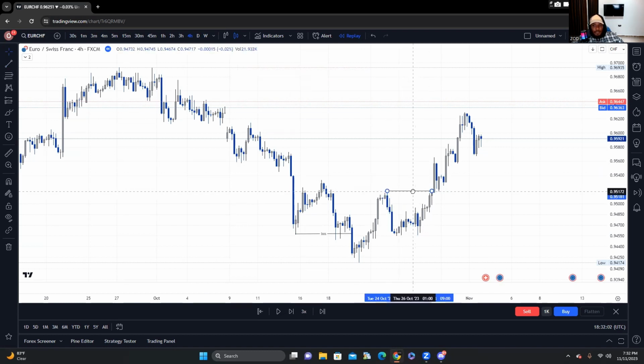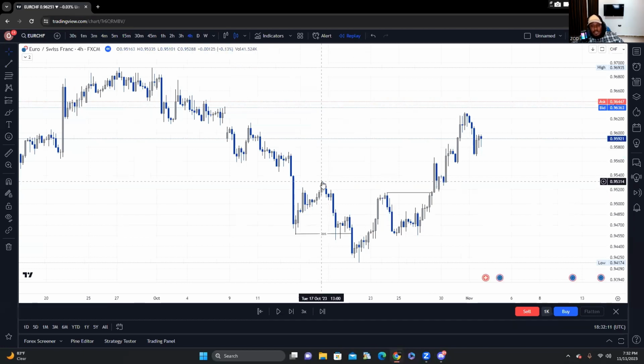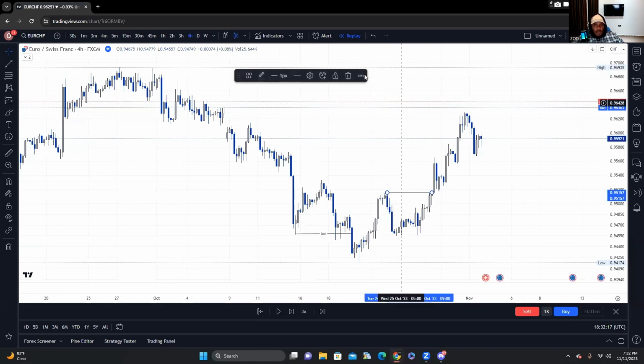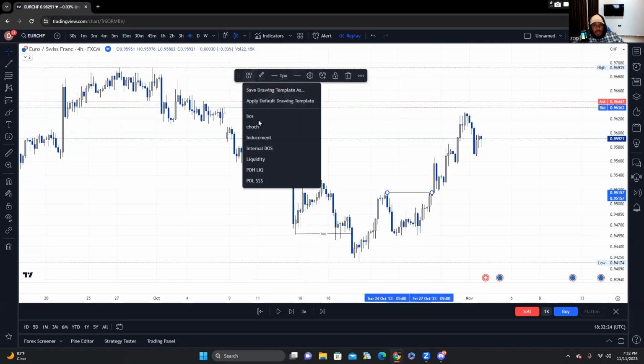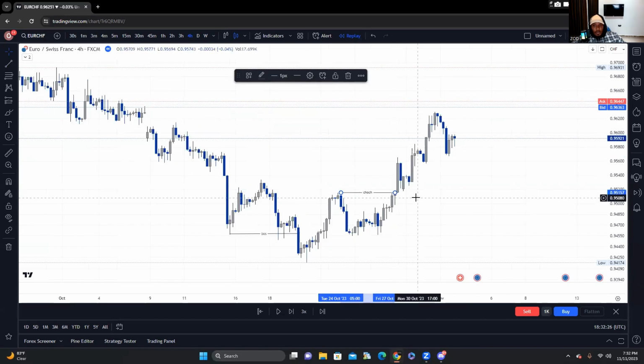So this can also be, in a smaller time frame, a change of character, because the main change of character occurred at the break of this high right here. But this is also a change of character since it put a high, put a low, and then took out this high. So these are change of character here as well. Then what do we have?